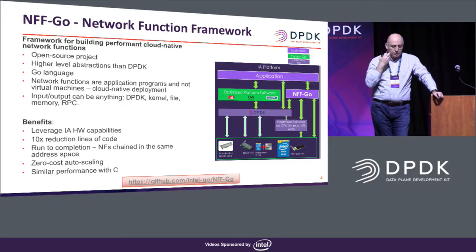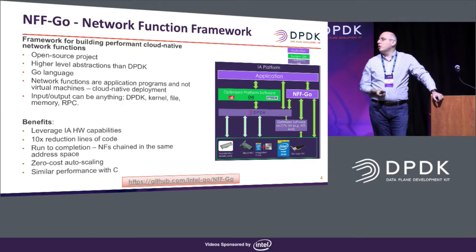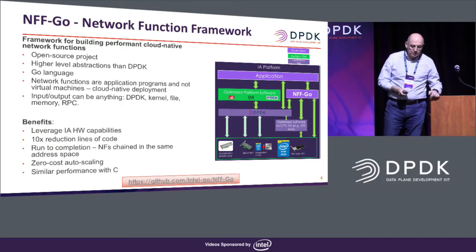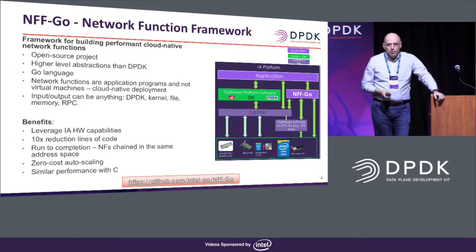The benefits that the framework brings to developers: because Go is a natively compiled language, we can directly or through DPDK leverage all Intel hardware capabilities. Due to high-level abstractions, we reduce the amount of code needed to develop a function by roughly 10x.